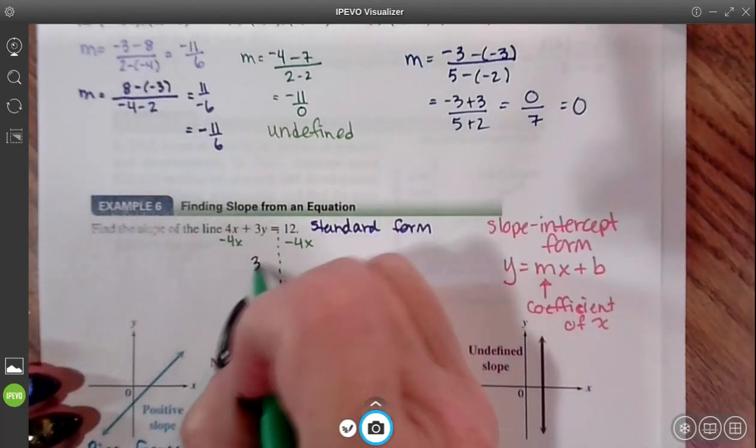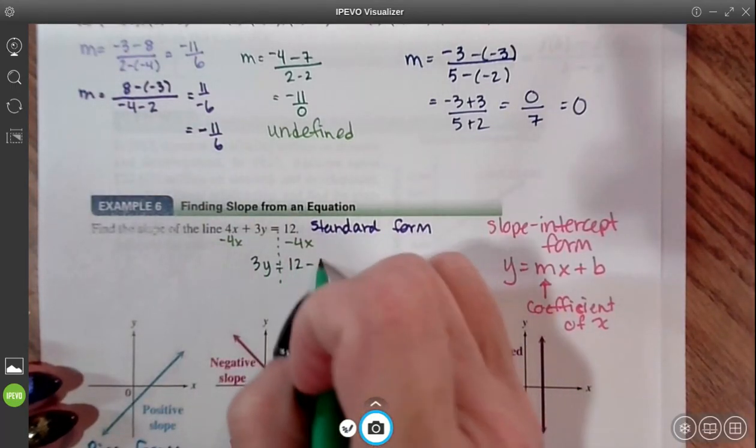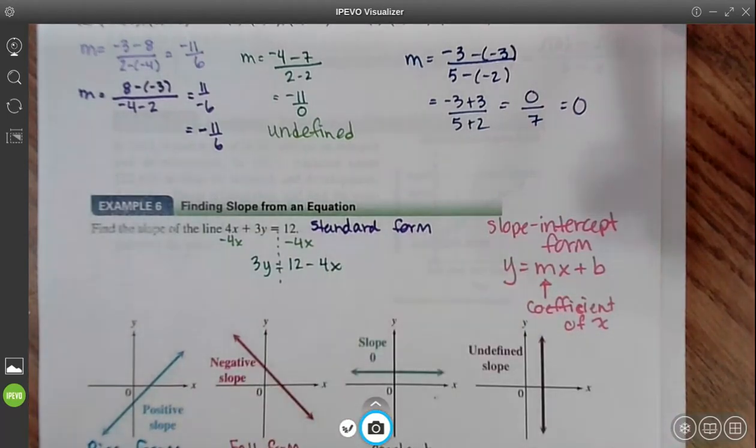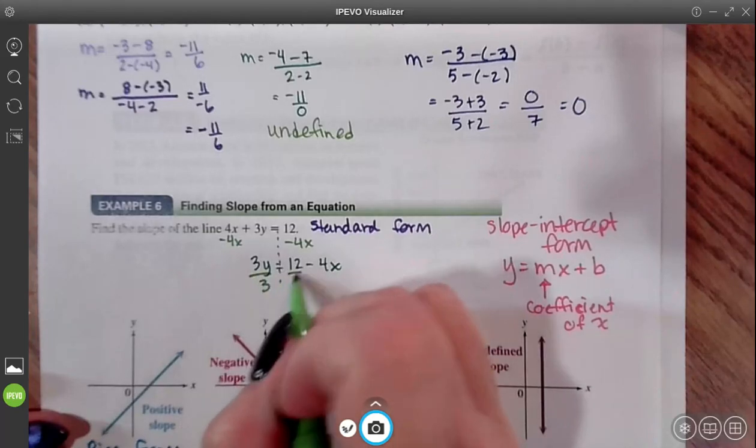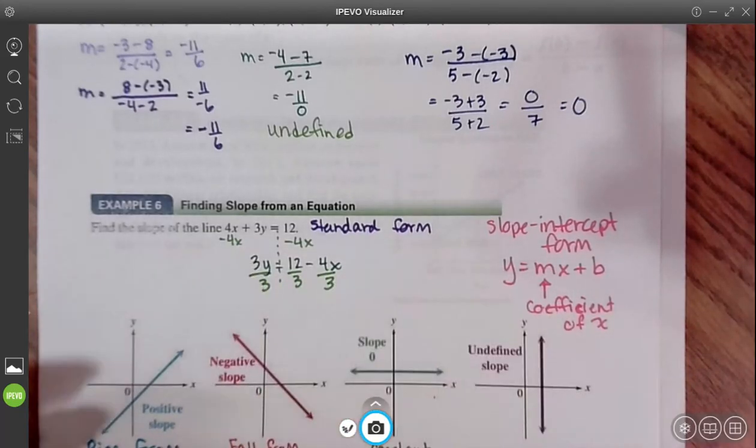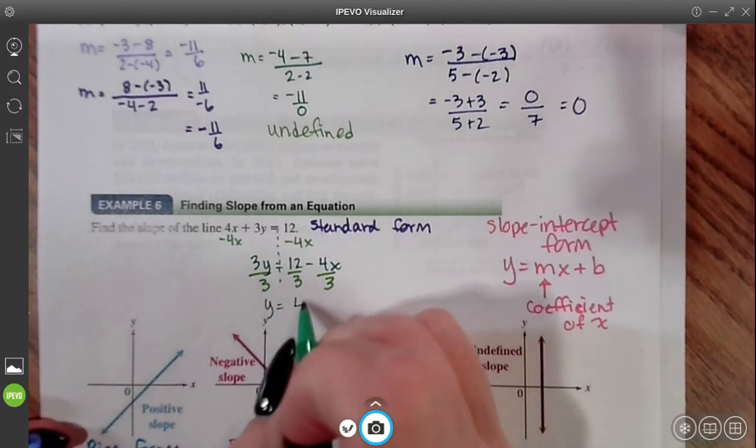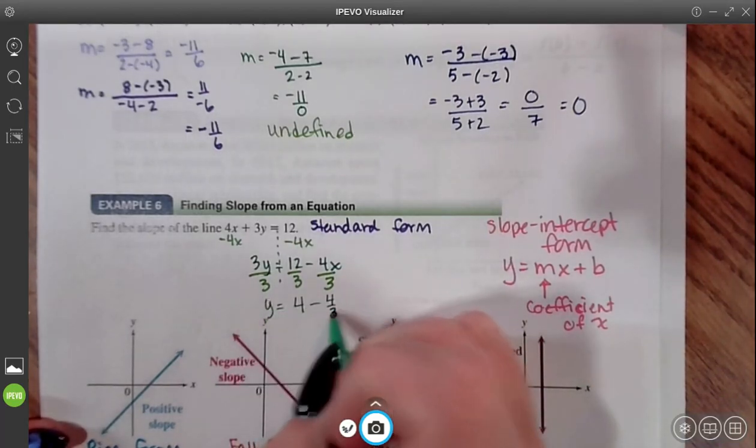So now we have 3y equals 12 minus 4x. Then to get y by itself, I will need to divide each term by 3. So I have y equals 4 minus 4 over 3x.